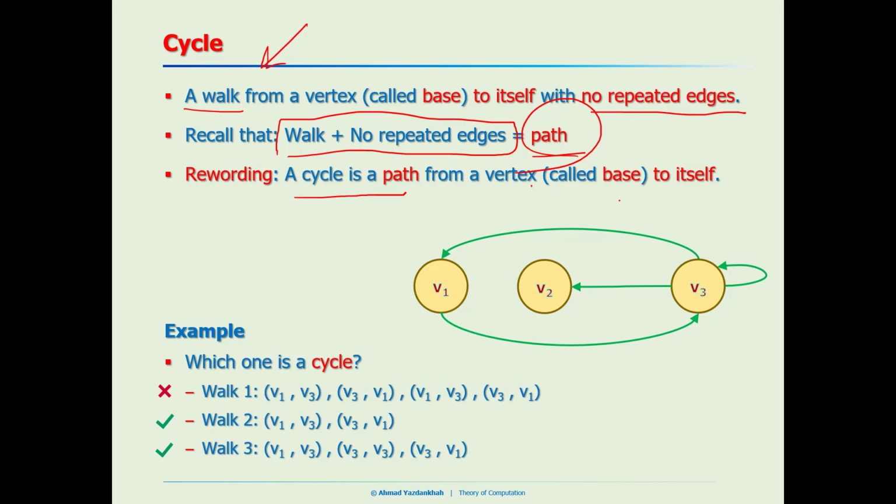All right. How about a simple cycle? When we add this word simple, it means that no vertices should be repeated. So it should be a cycle, but with no vertices repeated except the base, of course, when we start from the base and return back.